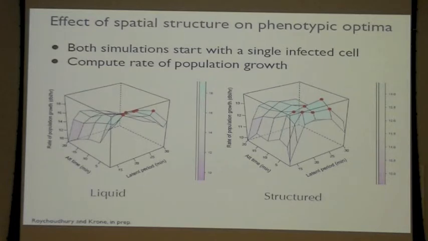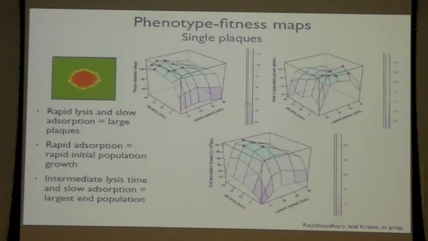Then we looked at fitness in terms of our other measures, like plaque diameter and the end population at the end of the simulation. In those results, what we saw was that rapid absorption leads to smaller plaques. If you're looking at plaque diameter, then it's slow absorption and rapid lysis that leads to the largest plaques.